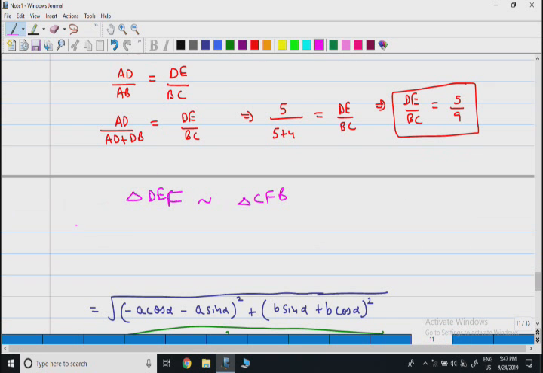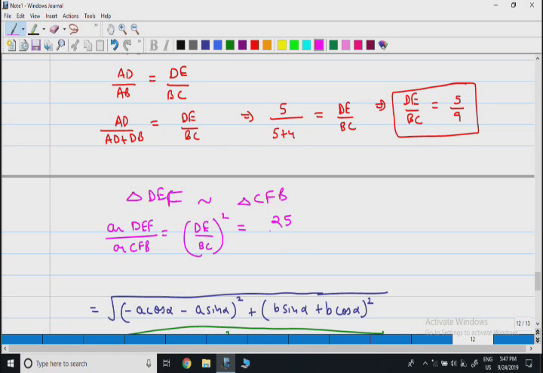So now we can say that area of DEF over area of CFB is nothing but the square of the ratio of corresponding sides. So that would be equal to DE over BC whole square, which is 25 over 81. This is the final answer.